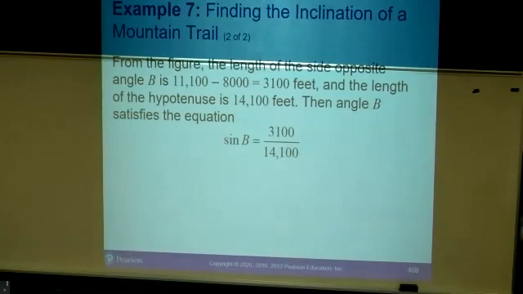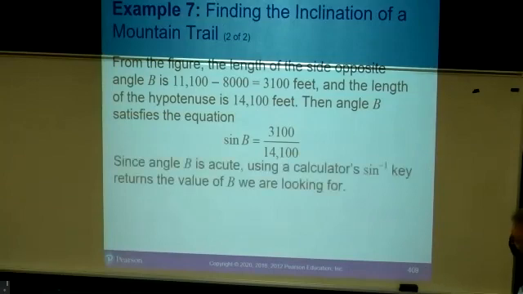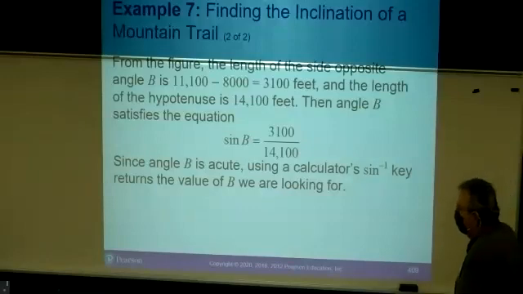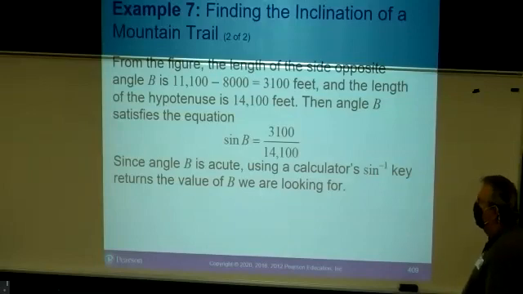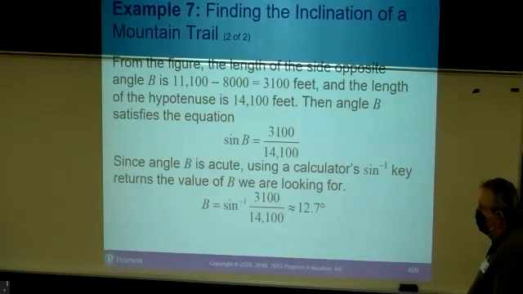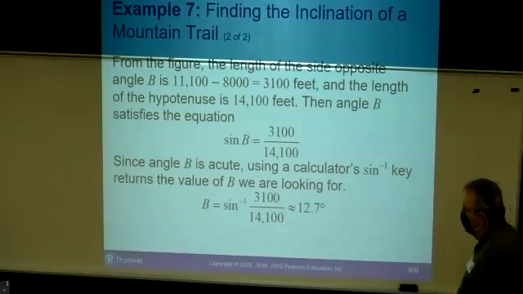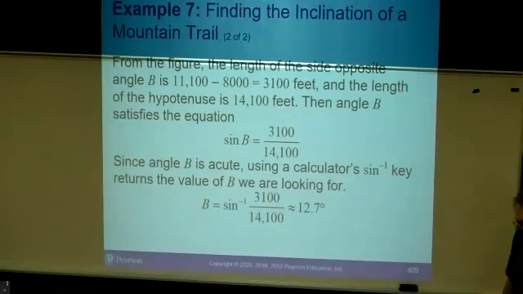Oh, I got the wrong answer. Okay. So you do the inverse sine to get the angle. So it's approximately 12.7 degrees, which for hiking purposes, that's a workout.